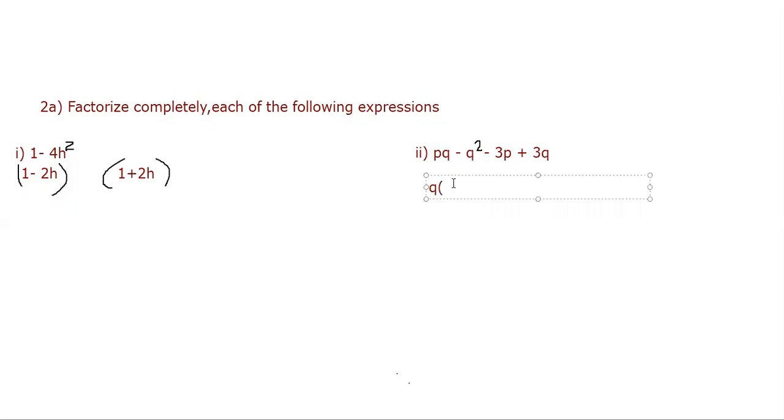Now, when we look at this now, what is left? We are basically going to write what is left in the bracket, which is after you take away the Q from the PQ, you're left with P. Good? And after you take the Q from the Q squared, of course, you are left with Q. And of course, we still maintain the negative sign.